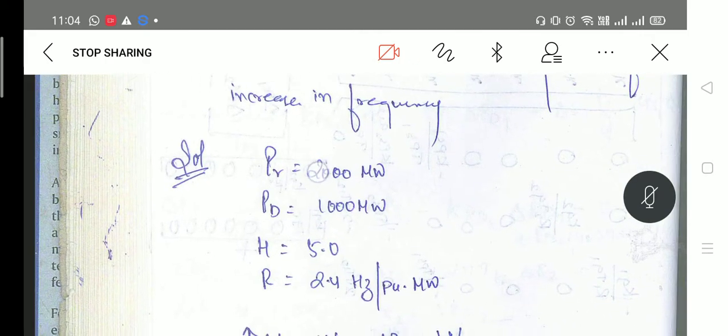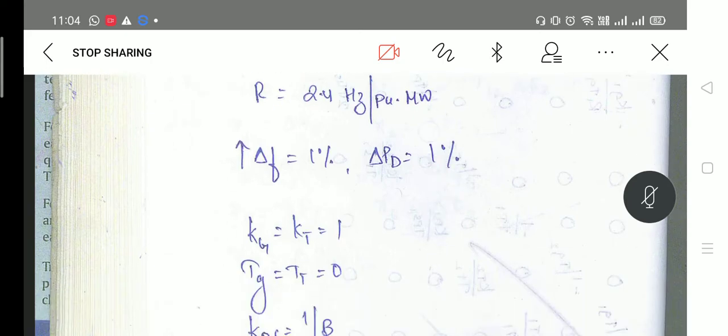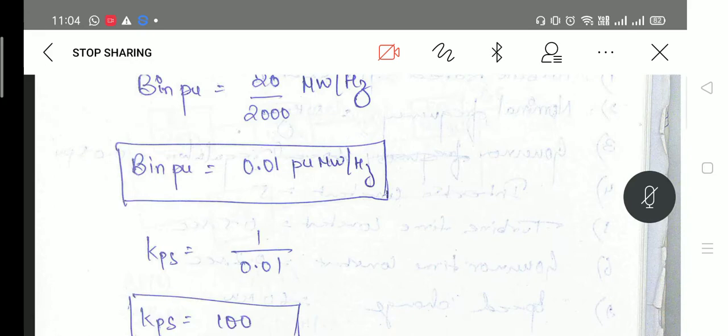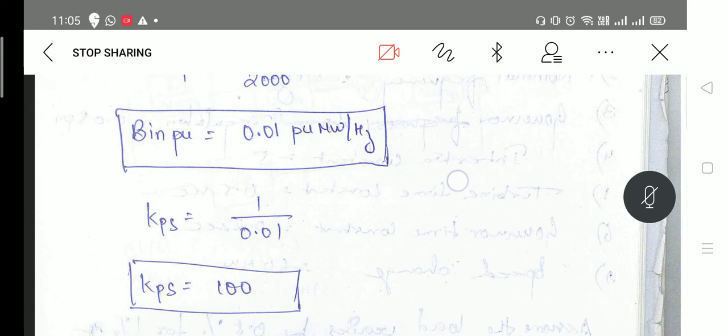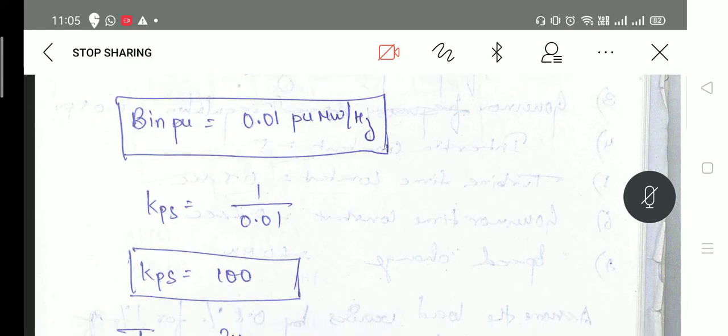So substituting here, we will get B in per unit 0.01 per unit hertz. We can calculate the KPS. KPS is 1 by B in per unit, that is 1 by 0.01. So from this KPS is equal to 100.